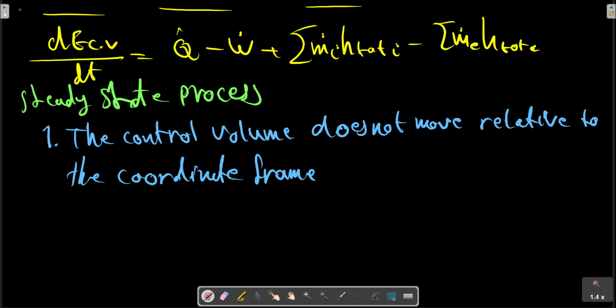The state of mass at each point in the control volume does not vary with time.